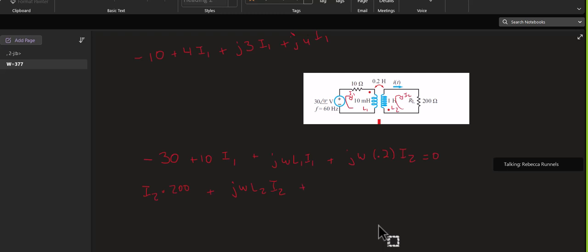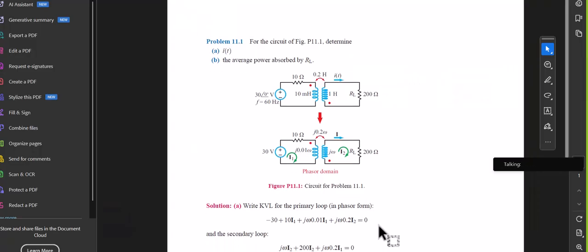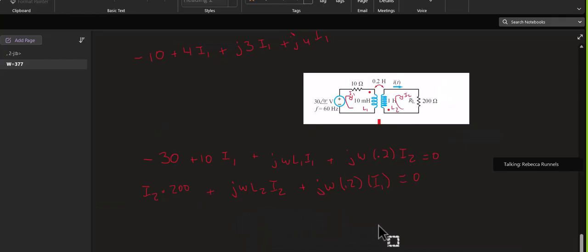So it'll be plus J omega 0.2 times I1 equals 0. Now let me double check that one. J omega L2 I2, J omega 0.2, yep, those look right, okay.